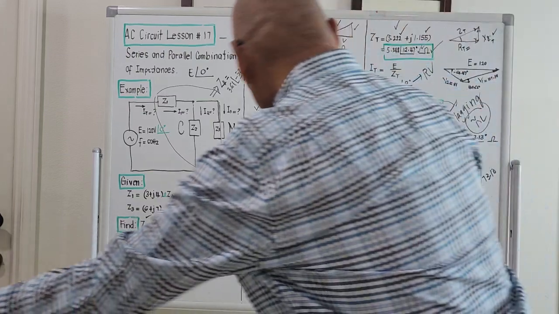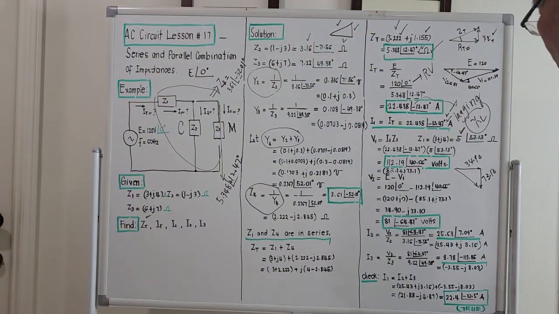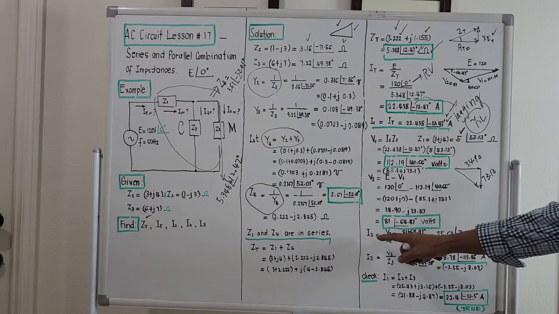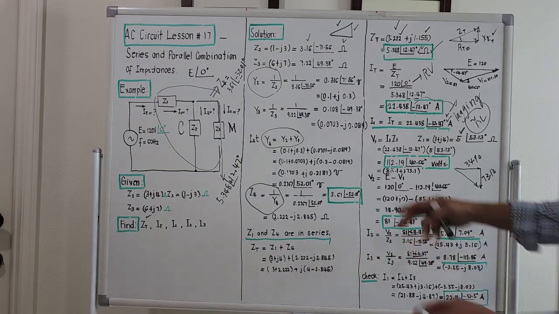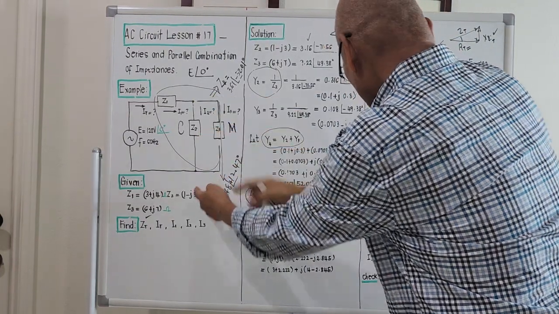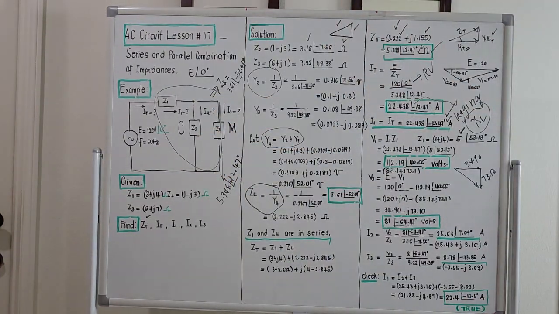So what comes out now, we now know B2. I2 will be equal to B2 over C2. We know the voltage across this to be 81. You divide that to C2, what comes out, the value of I2 will be 25.63 angle 7.09 degrees.